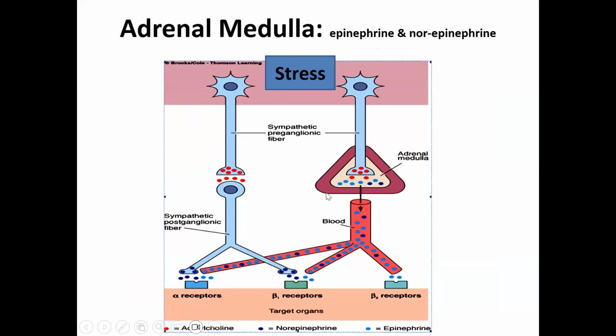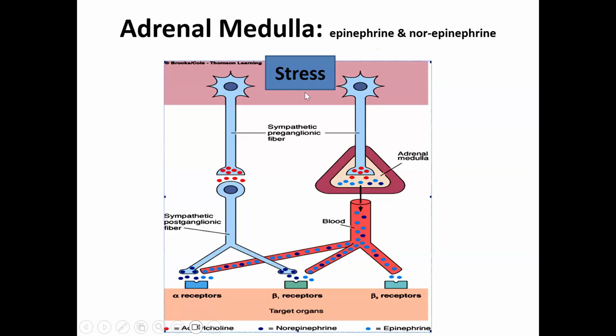So this triangular structure is the adrenal medulla, and these blue ones are the nerve cells, sympathetic nerves. When they are stimulated, they stimulate the adrenal medulla, and the adrenal medulla releases the hormones, catecholamines, epinephrine and norepinephrine, which will diffuse into the blood. And through the blood, they will be carried to different target organs.